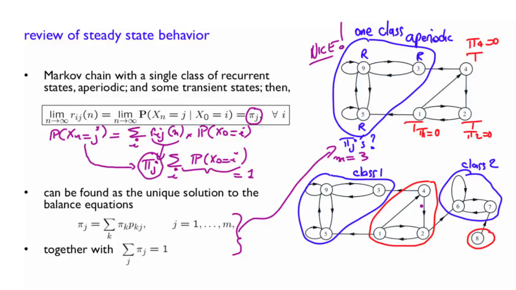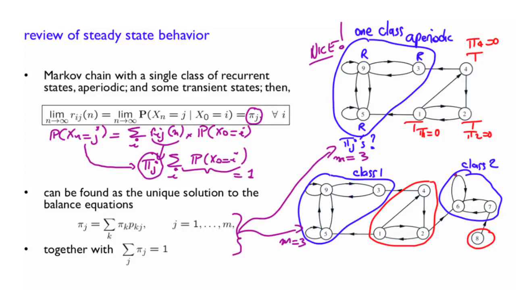Well, in the long run, if you start from here, you're going to stay here. And in some sense, the study of that recurrent class is the same as the study of that recurrent class. And in order to find the steady state probabilities of these states, assuming that you started in one of these, will be exactly the same as before. So you would use the same system with m equals 3 here.